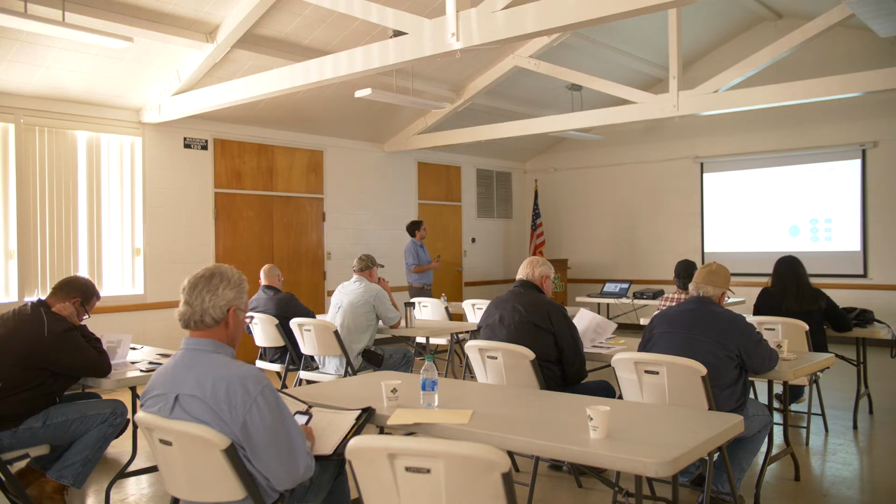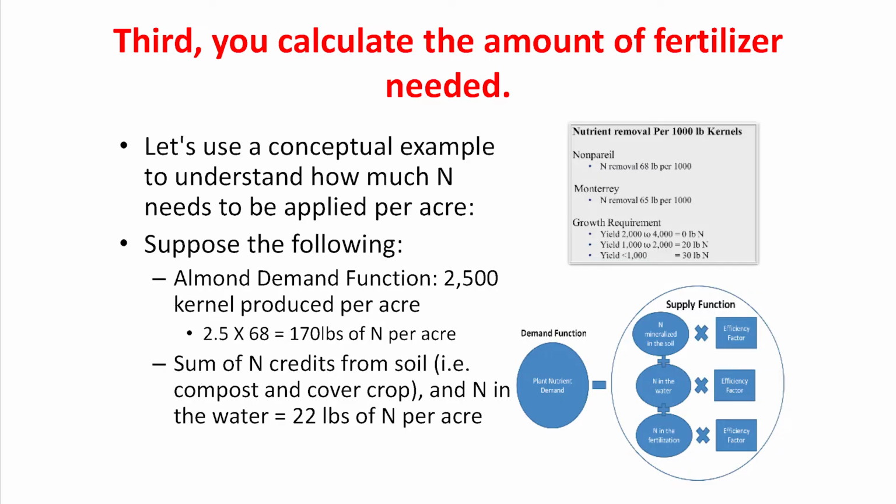So let's use a conceptual example to understand how much nutrient is needed, and all this information I have given you so far, so we can reiterate what I'm talking about. Let's keep in mind this 68 pounds of nutrient per 1,000 pounds of kernels, and this equation. Let's think that we are in an orchard where the production is going to be 2,500 pounds of kernel per acre.